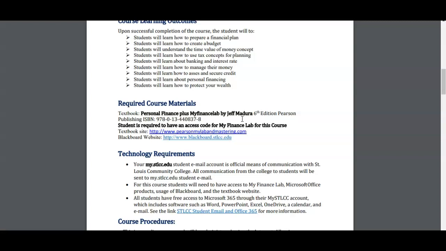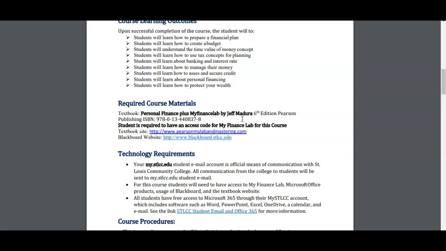Now, if you buy the book from the Florissant Valley bookstore, the textbook comes with an access code for My Finance Lab. If you decide to buy the book from a different source, which could be cheaper, you will still be required to purchase an access code for this course.